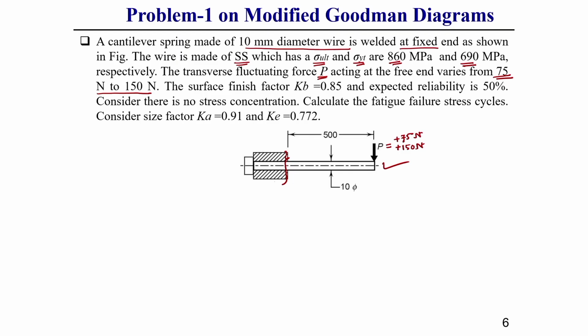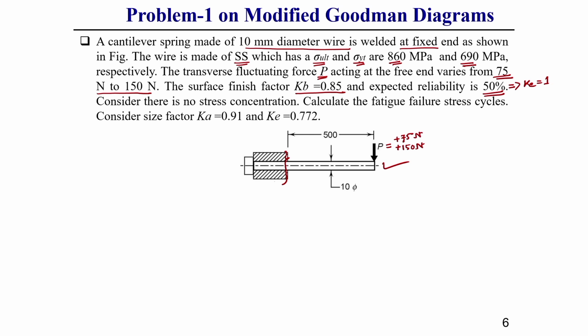Now, the surface finish factor here is given as 0.85. Expected reliability is given as 50%. If the expected reliability is 50%, then the reliability factor value Kc, you should always keep in mind, is 1.